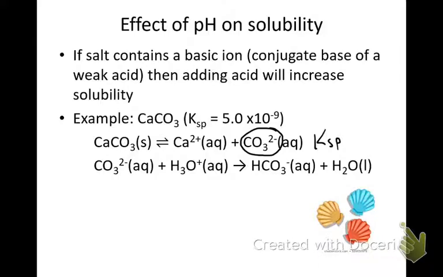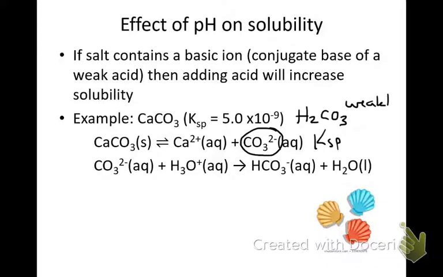So you might say, well, how do I know if it's the conjugate base of a weak acid? Well, find the anion, add some H pluses, so here that would give you H2CO3, and then consider, is that a strong acid or a weak acid? If it's not a strong acid, it's a weak acid.